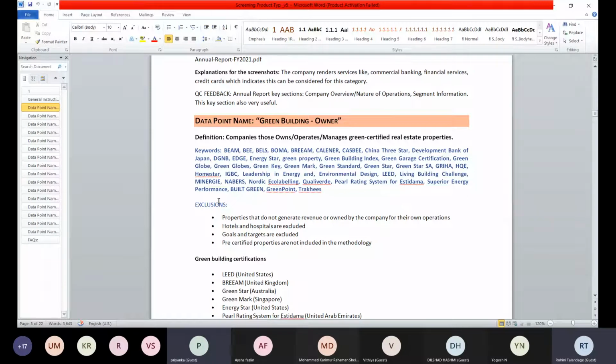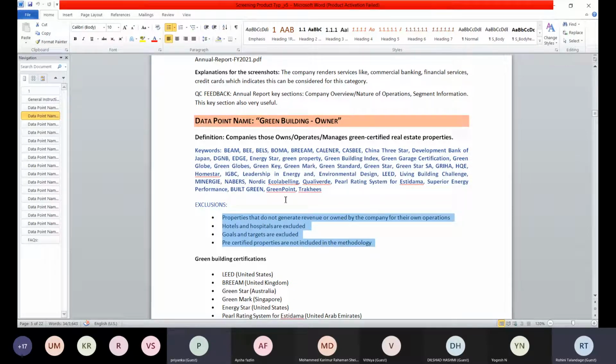Now exclusions, in which cases you can mark no. If any property or green building is owned by the company for their own operations, if they are using it for their own operations, we have to mark it as no, because they are not generating any revenue from that property.